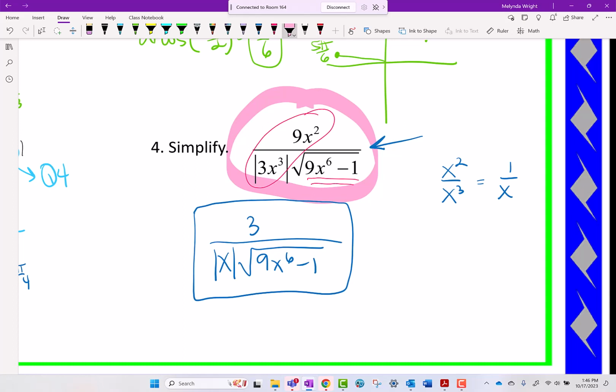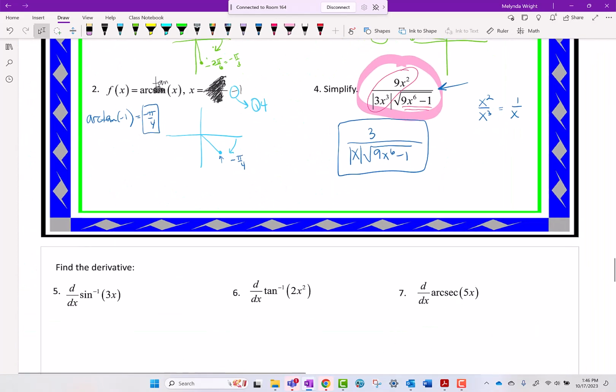Okay. So let's take a look at the actual calculus. Okay, here we go.